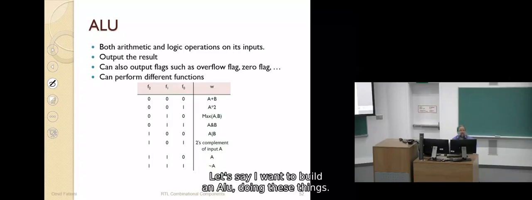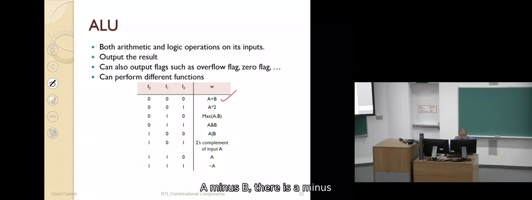Let's say I want to build an ALU doing these things. A plus B, we talked about this. A minus B, where is A minus B? I didn't put A minus B here. I wish I had put A minus B here also.